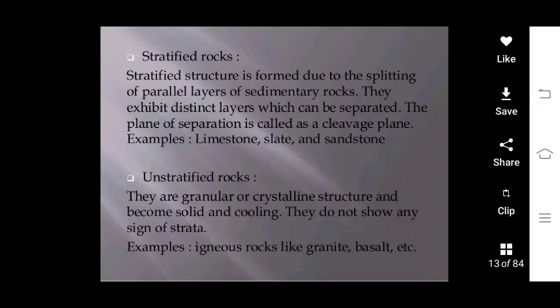The next type is unstratified rocks. They have a granular or crystalline structure and become solid on cooling. They do not show any sign of strata. Examples of unstratified rocks are igneous rocks like granite, basalt, etc.